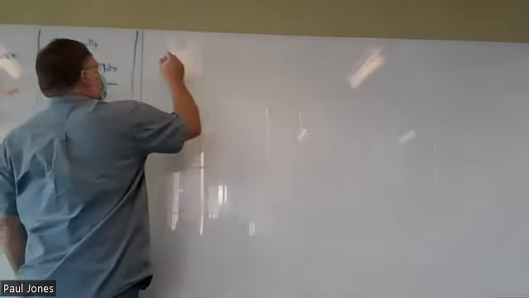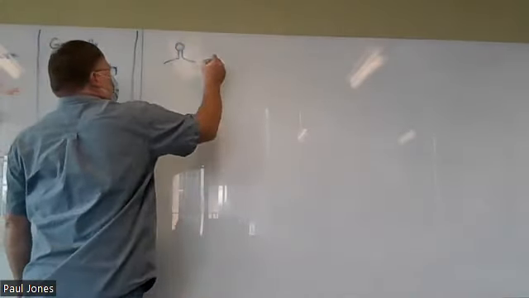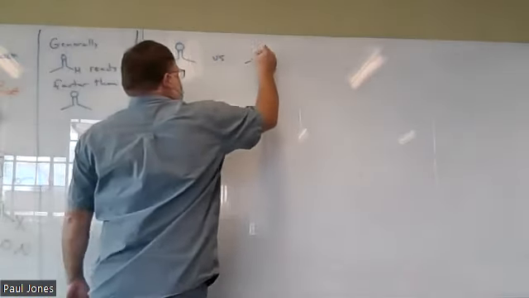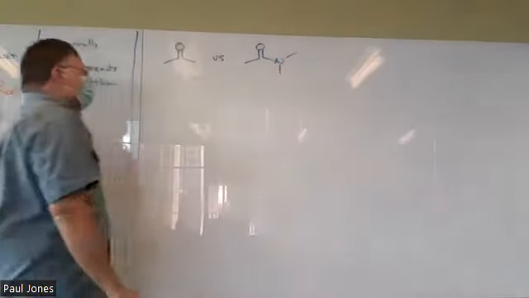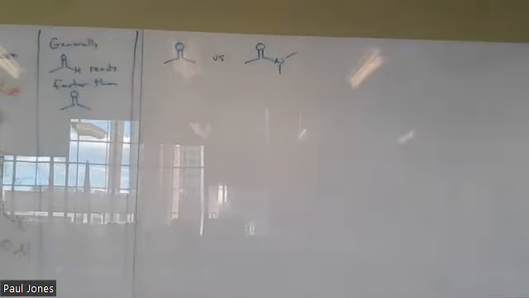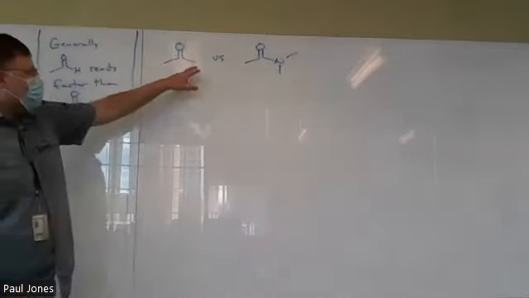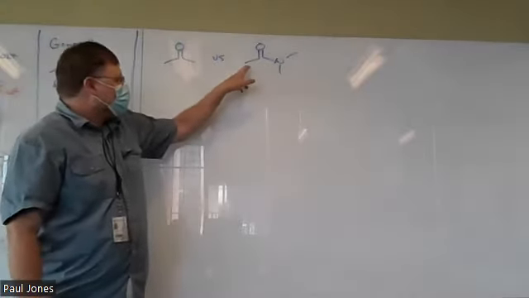Electronics then. Let's think about ketones versus, let's do an amide now. So ketone on the left and amide on the right. Now I'm saying electronics. Sterics are important here too. Methyl, that's a wash.